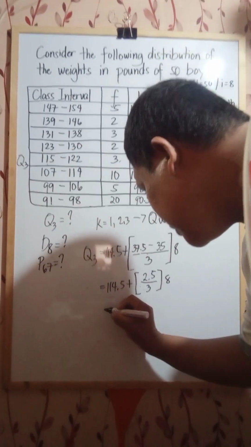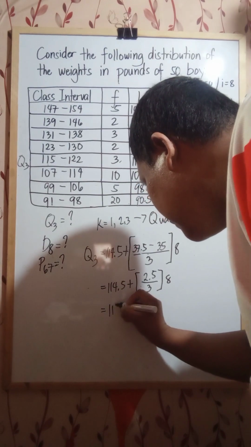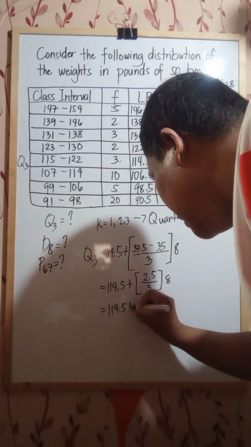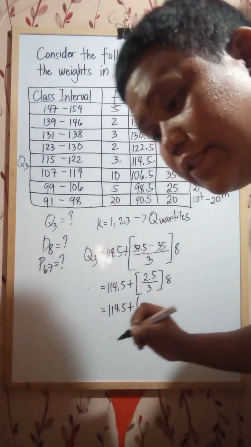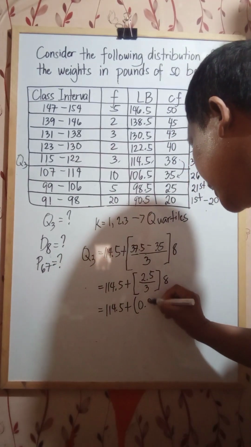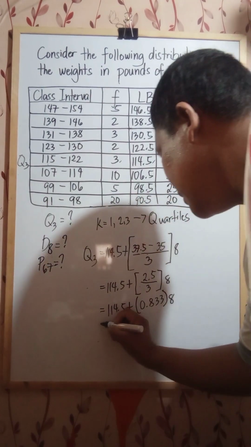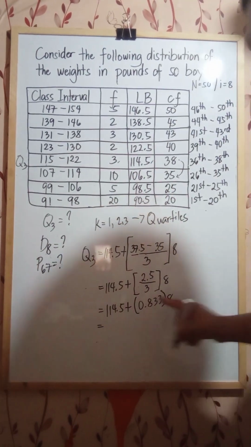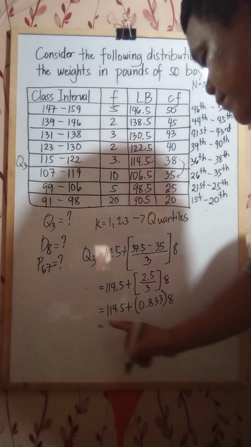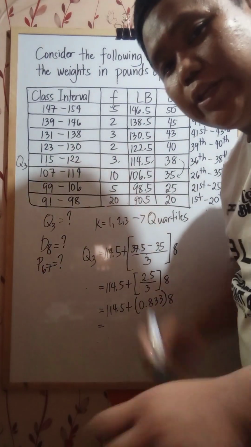So that equals 114.5 plus, open parenthesis, 0.833 times 8. We multiply the 0.833 by 8 first before adding to 114.5.